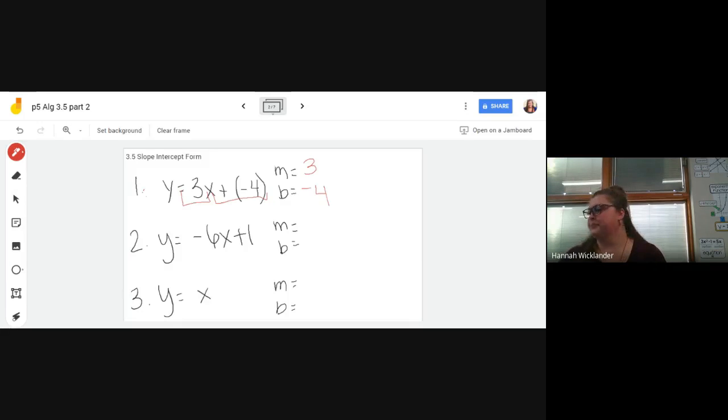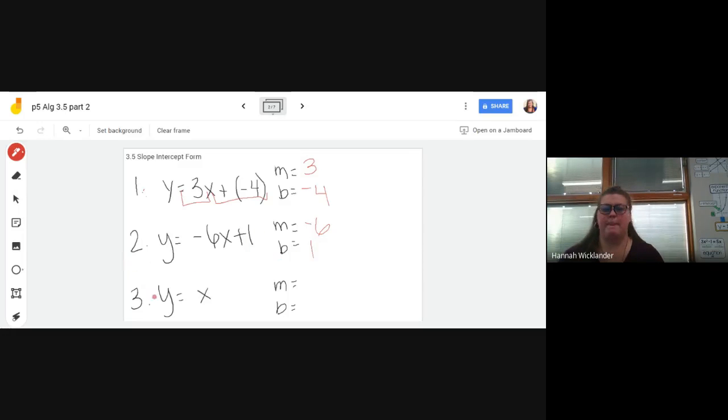Correct. So I have from the chat m equals -6. Everyone that said that was correct. So for m, I'm going to put -6. And then for my b, or my y-intercept, it's 1.